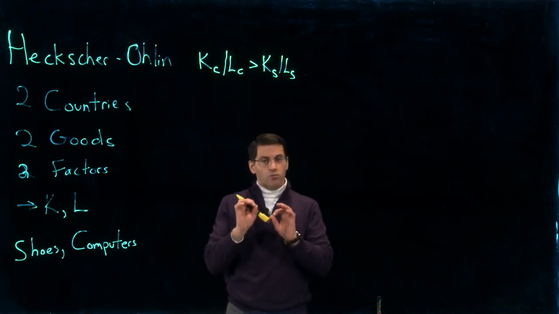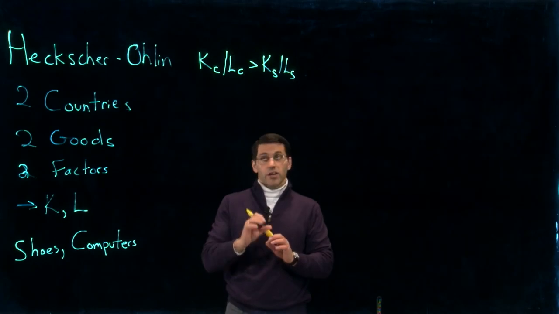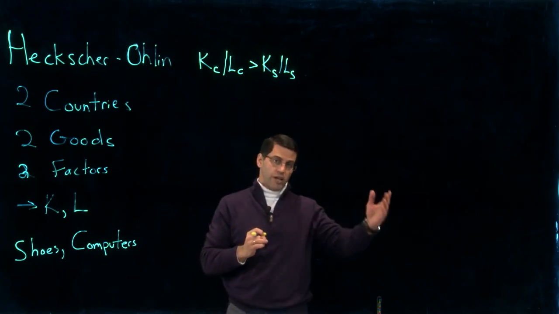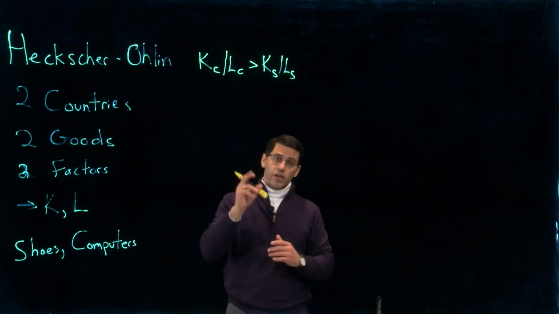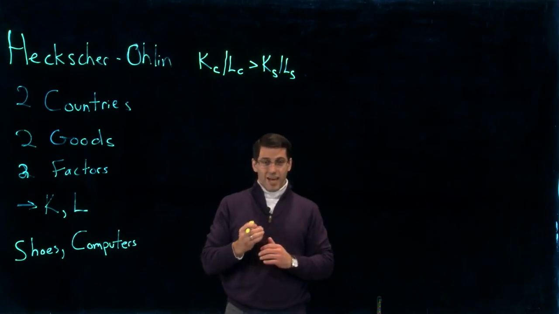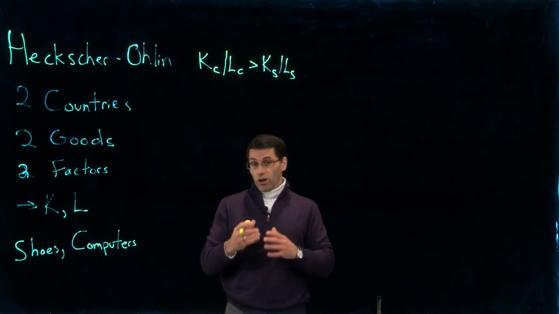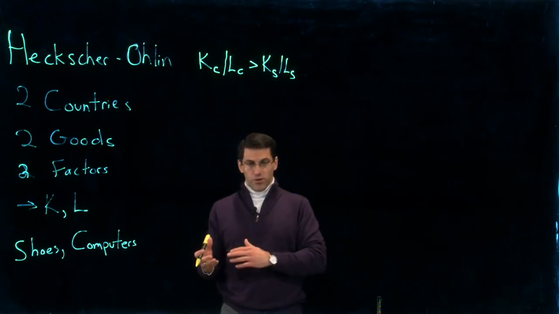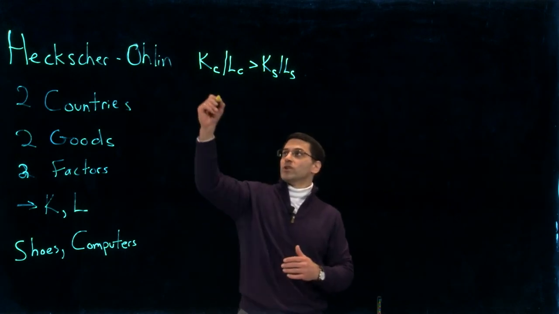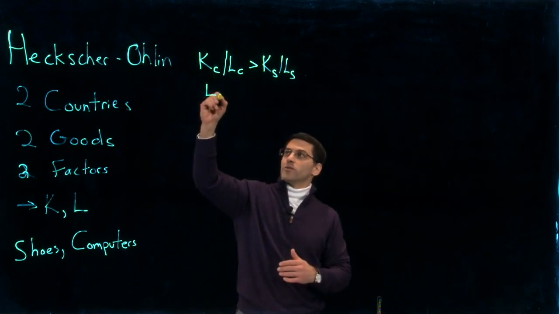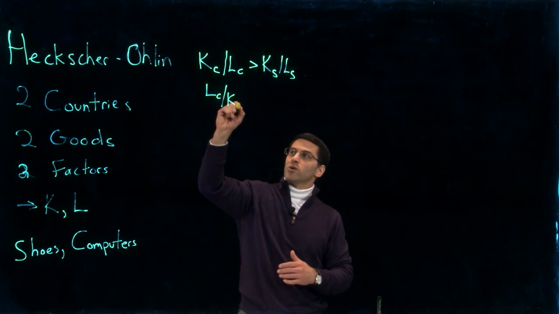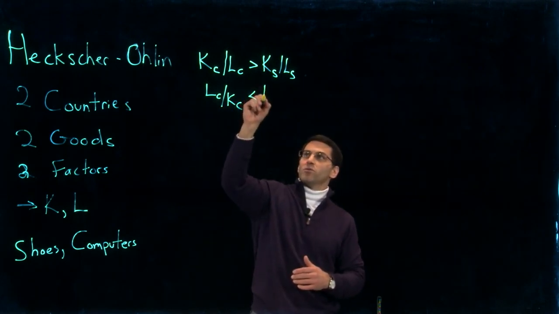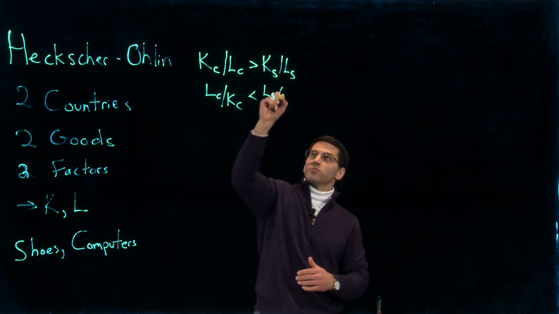Now, of course, if we're saying that computer production is capital intensive relative to shoe production, and that's a key thing, this is a relative concept, right? Comparing the ratio of capital to labor employed in computers to that same ratio for shoes. So if computer production is capital intensive, we're also saying that shoe production is labor intensive. Or in other words, the labor to capital ratio employed in computers is lower than that for shoes.